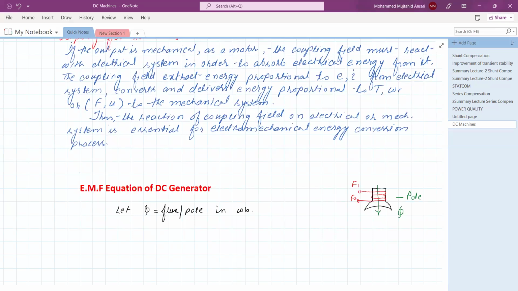Now Z is the total number of armature conductors. So this is the armature.